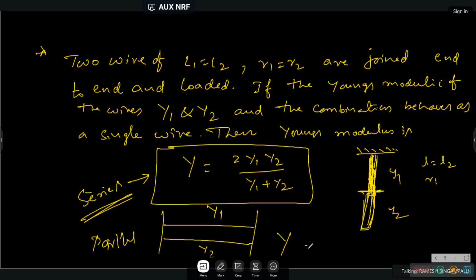So Y effective is equal to Y1 plus Y2 by 2. This is for series combination, this is for parallel combination. This is for rods only.